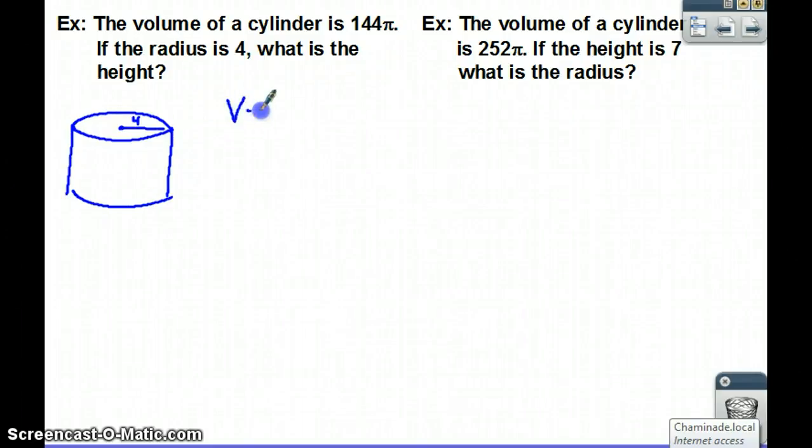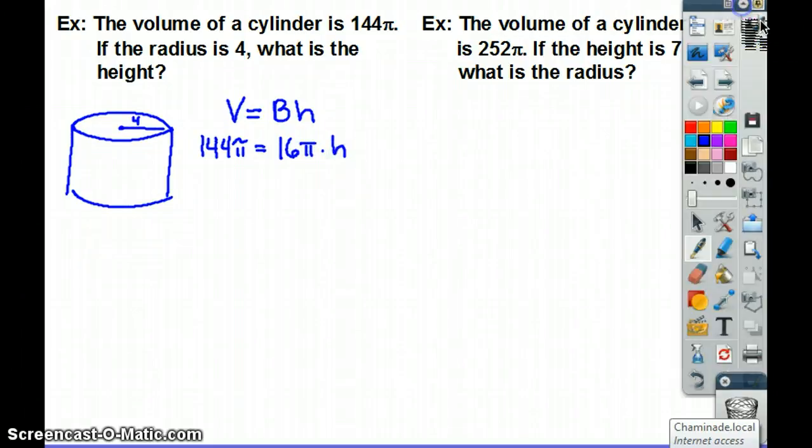I know the volume is the area of the base times the height. So I'm just going to plug in everything I know and then solve for what's missing. I know the volume. I know the area of the base because I know the radius. And I know how to find the area of a circle. I take pi r squared. Solve for h.